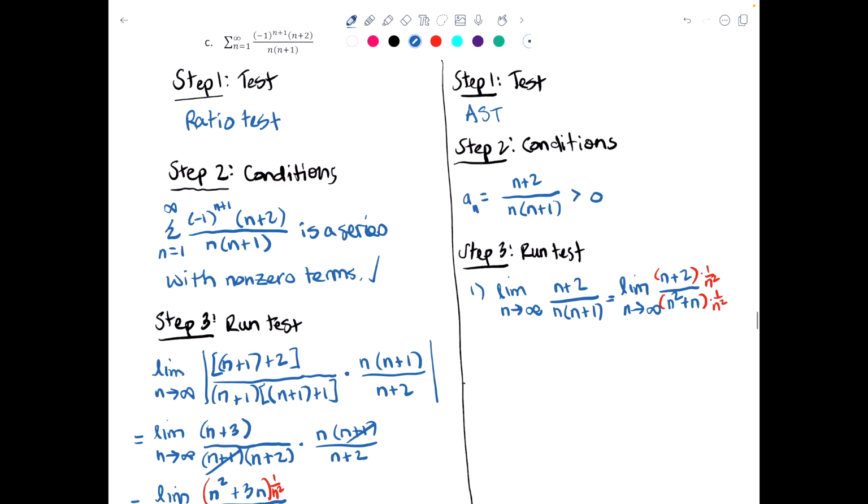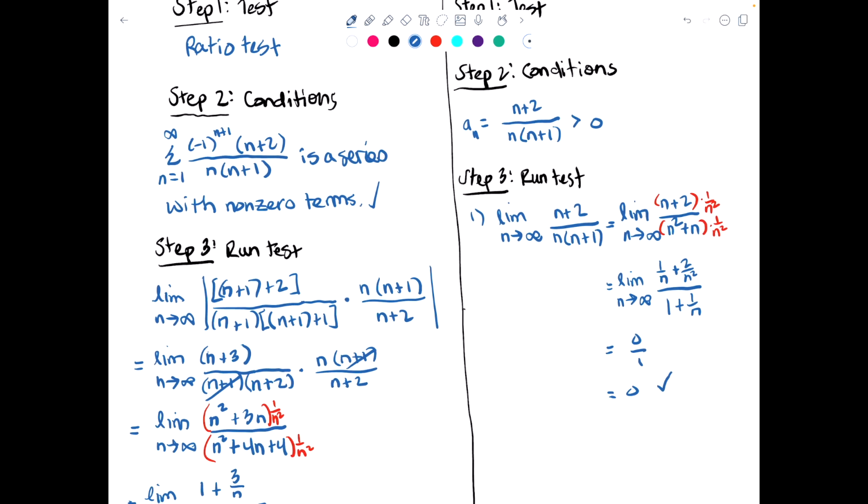That will give us the limit as n approaches infinity of 1 over n plus 2 over n squared over 1 plus 1 over n, which is 0 over 1, which is 0, which is part of the requirements for the test. So that one works.